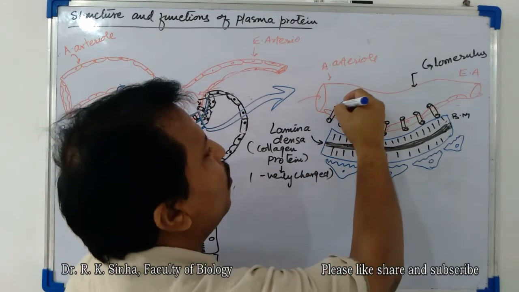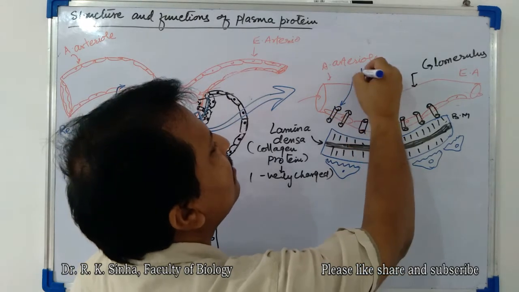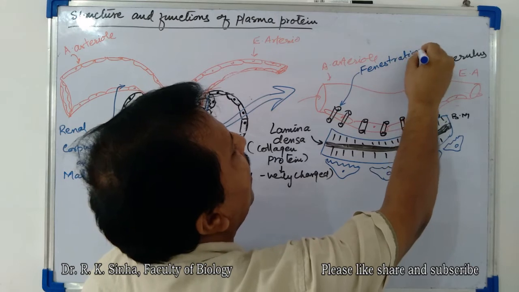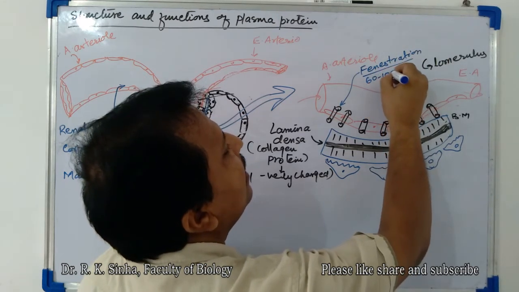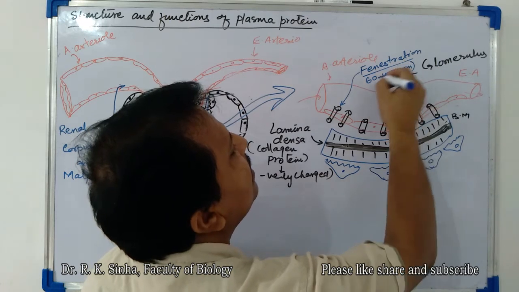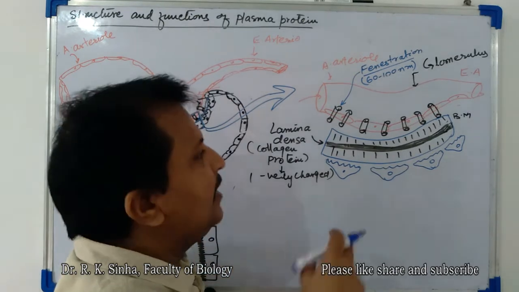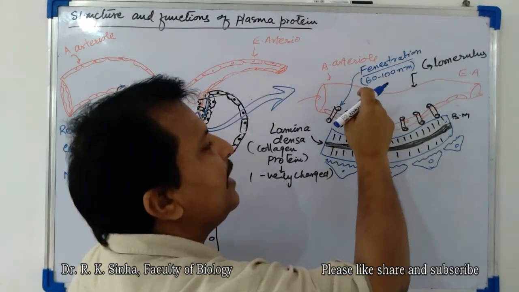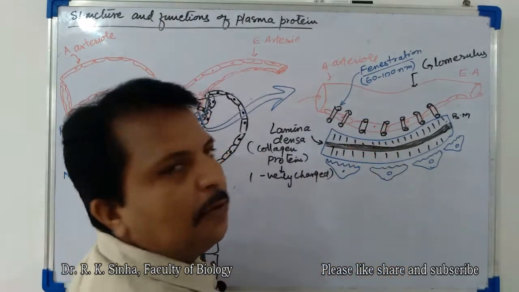First, we should know the size of this fenestration. This is the fenestration, and its size is 60 to 100 nanometers. This is the size of the fenestration through which part of the plasma will filter and come into the Bowman's capsule.